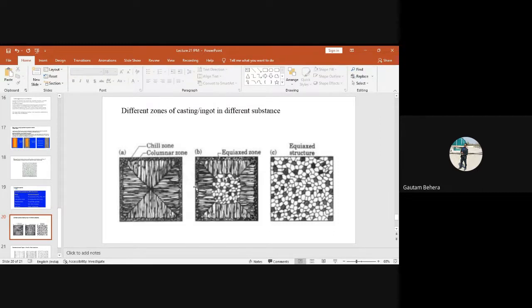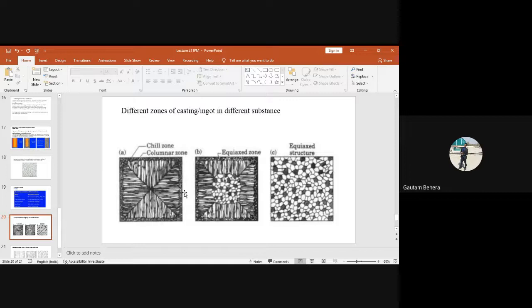But here, along the mold wall we have small equiaxed grains, then long columnar grains, then big equiaxed grains. So the property will be different in different regions. That means if you take this ingot and measure the hardness along this portion, along this portion, along this portion, the hardness value will be completely different. If you take a piece of metal from this portion and this portion, the strength will be different. So there will be completely anisotropic properties, right?